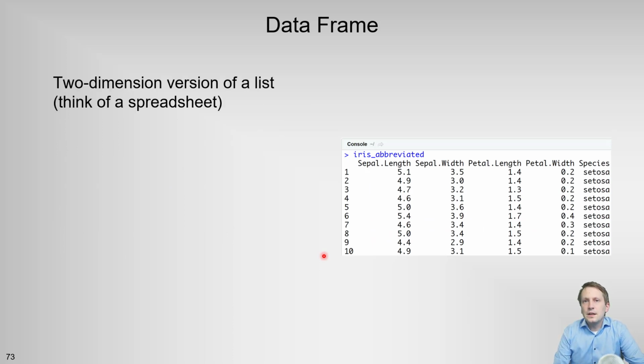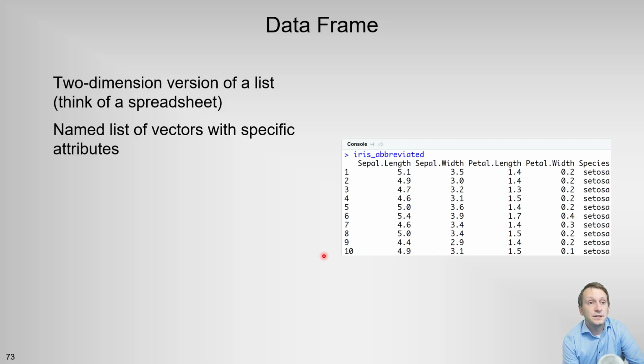And then there's a data frame, and the data frame is really just a two-dimensional version of a list. So in fact, a data frame really just is a list with certain special attributes that make it behave like a data frame. So a little bit like a spreadsheet. The data frame is most like a spreadsheet if you think about it. So what is it really? It's a named list of vectors with specific attributes.